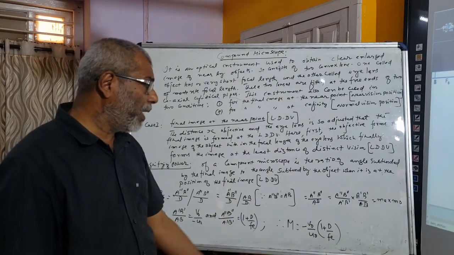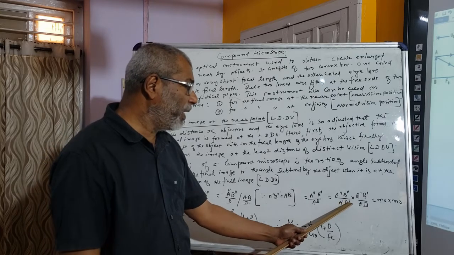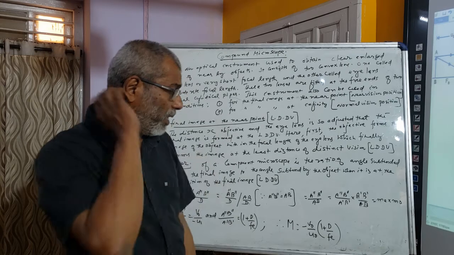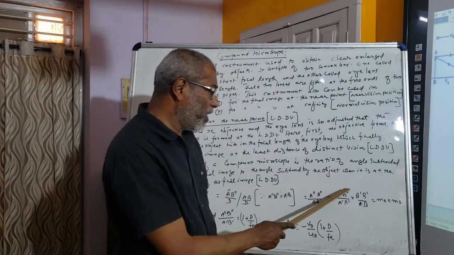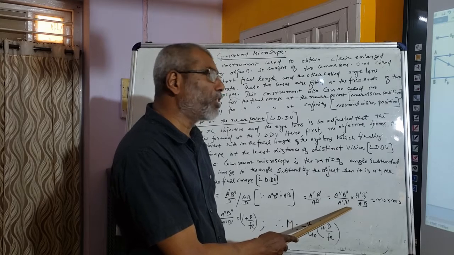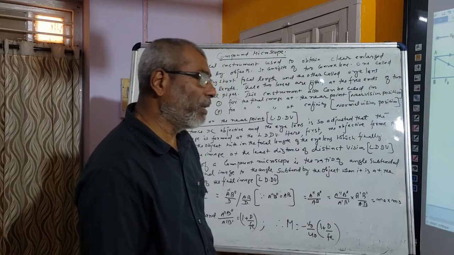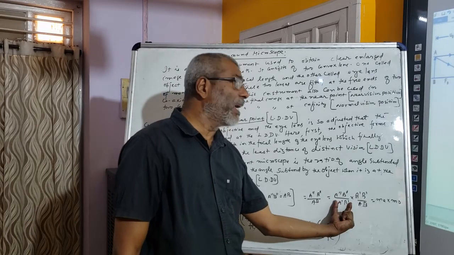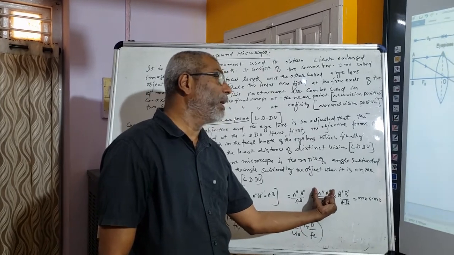Multiplying and dividing this expression A2' B2' divided by AB by A'B', there is no change in the value. Now you will see that A2' B2' divided by A'B' is the magnifying power of the eye lens. Why? Because for the eye lens, this is the size of the object, and this is the size of the image.